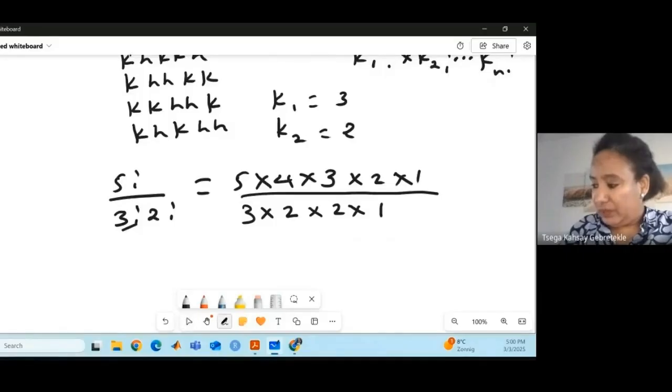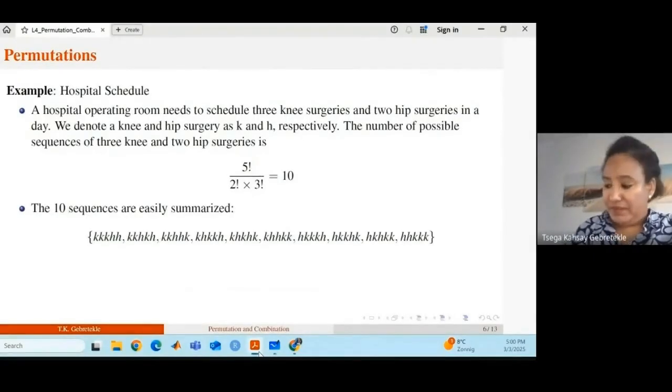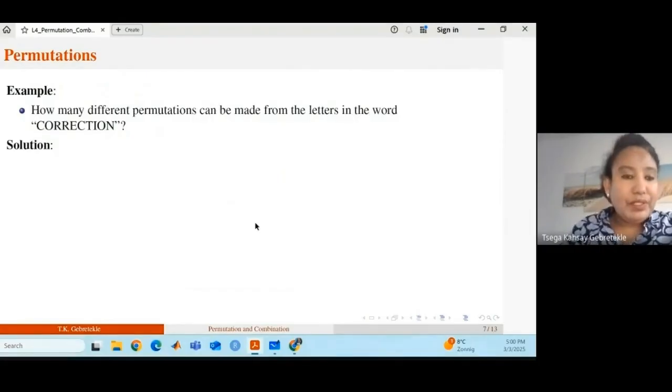So these cancel out, the 3 cancels out, and 4 divided by 2 is 2. So this will be 10. That's why we have 10 sequences, easily summarized by this expression. We can also use another example.